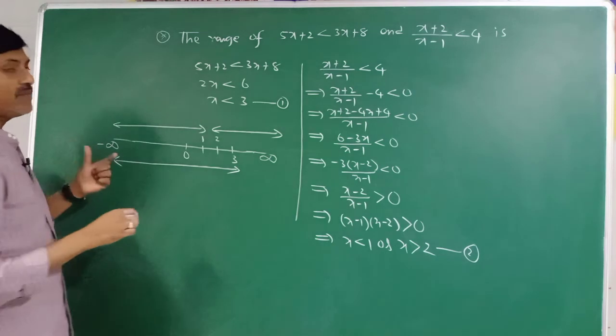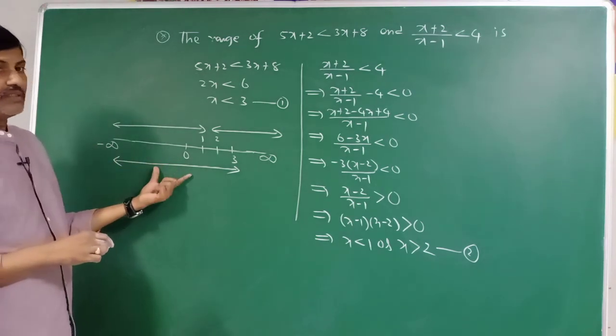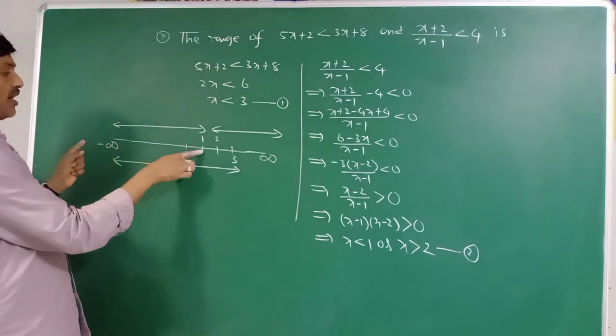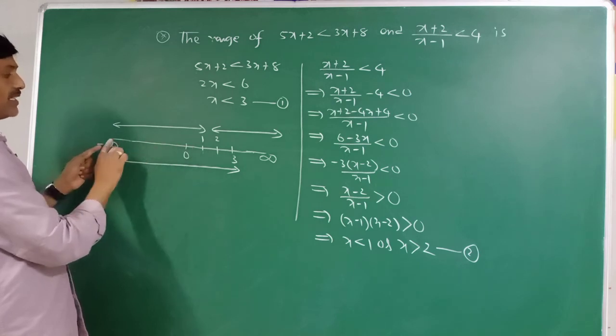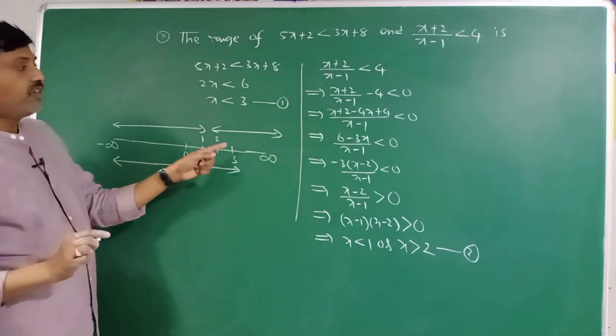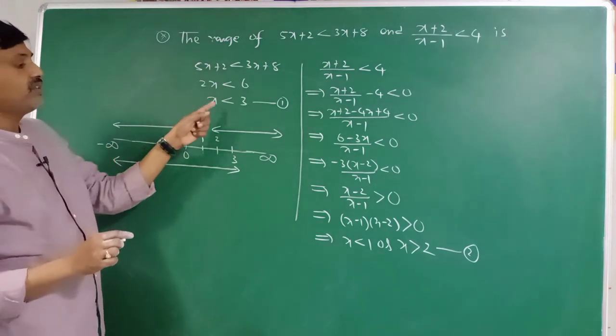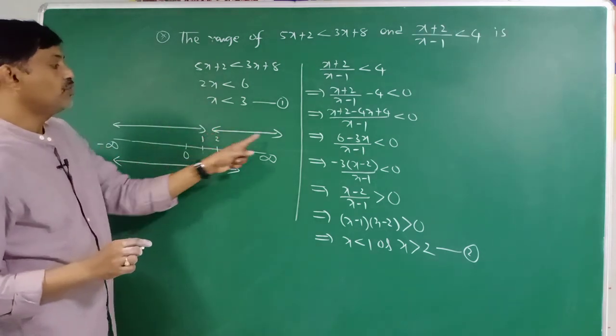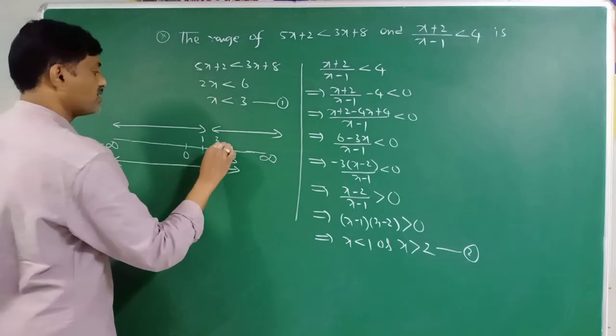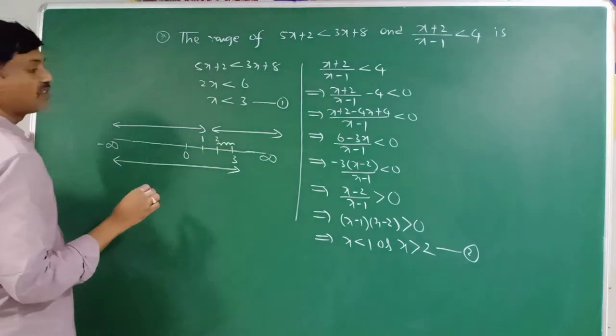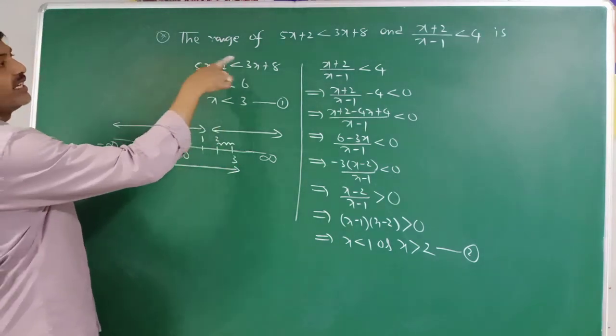Now what is the common portion on this real line? Less than 1 means minus infinity to 1, and less than 3 means minus infinity to 3. Next, more than 2 means 2 to infinity. This portion is the clear common portion for our inequations.